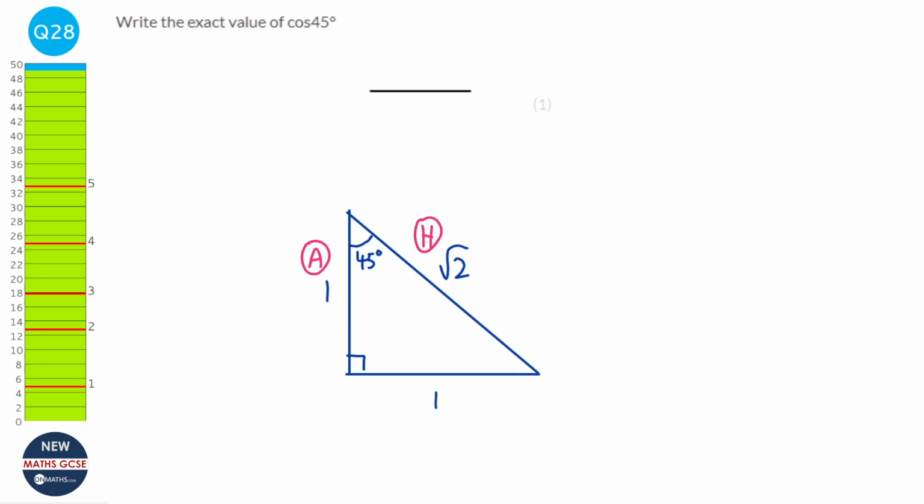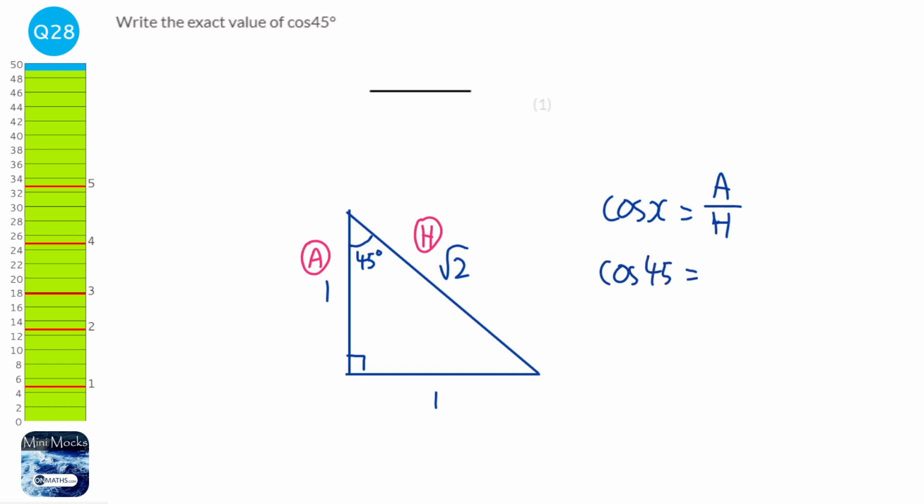When we label it with our marked angle here, we've got the adjacent is here, and the hypotenuse is here. Now we know from trigonometry that cos x equals a over h. The angle is going to be cos 45, and a is going to be 1, and h is going to be root 2. Now, this is a bit of a strange one with 1 over root 2, because we need to actually be able to rationalise the denominator.